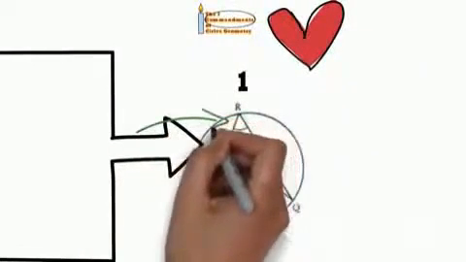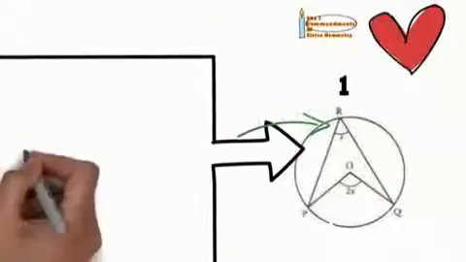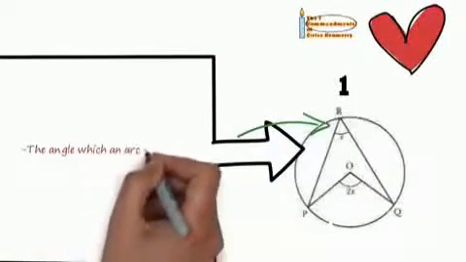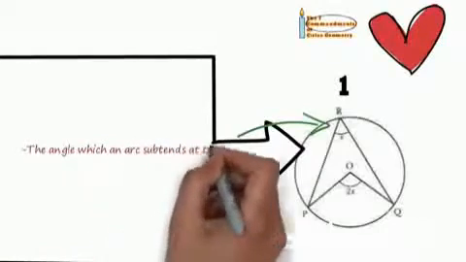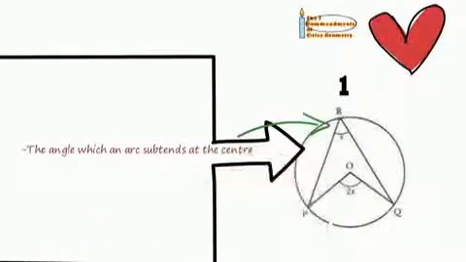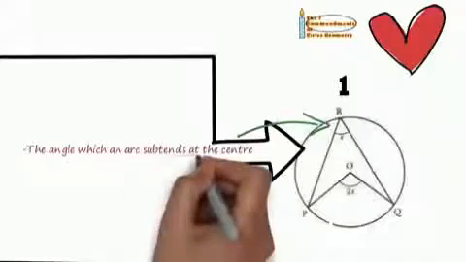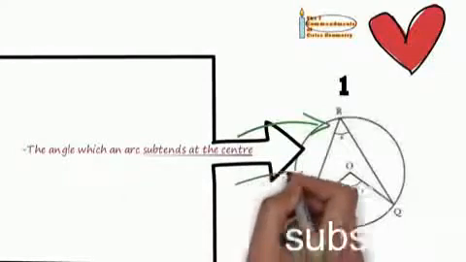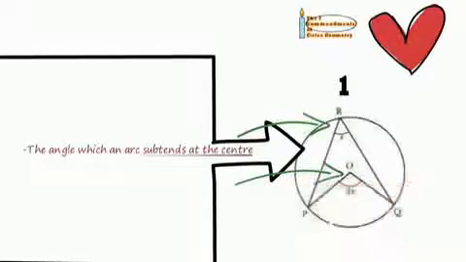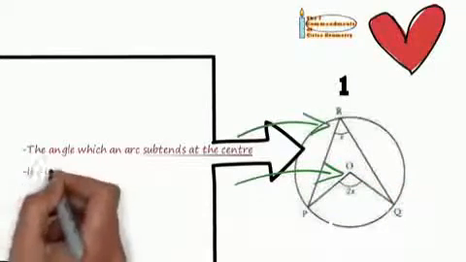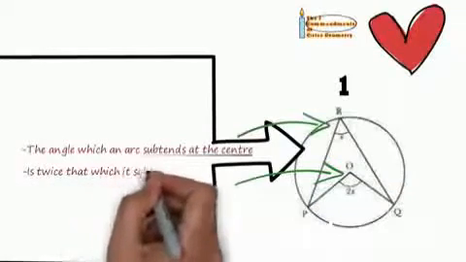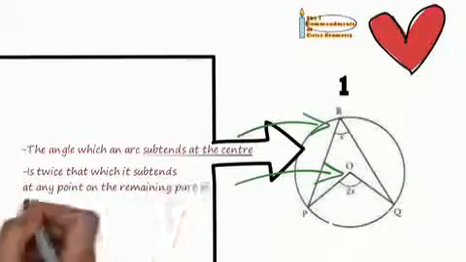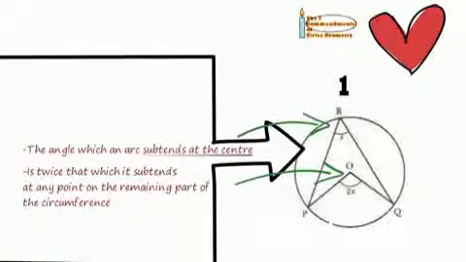When you see a picture drawn like this, as you see on the screen, the angle which an arc subtends at the center, subtends, the language. Please make sure you understand the language. The angle which an arc subtends at the center is twice that angle remaining on the part of the circumference.